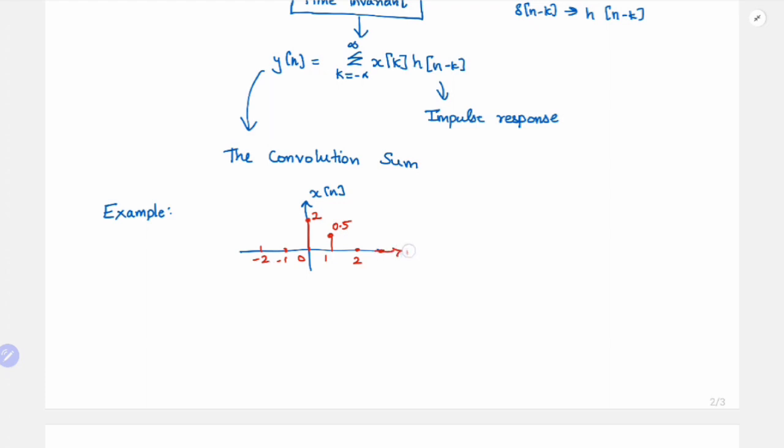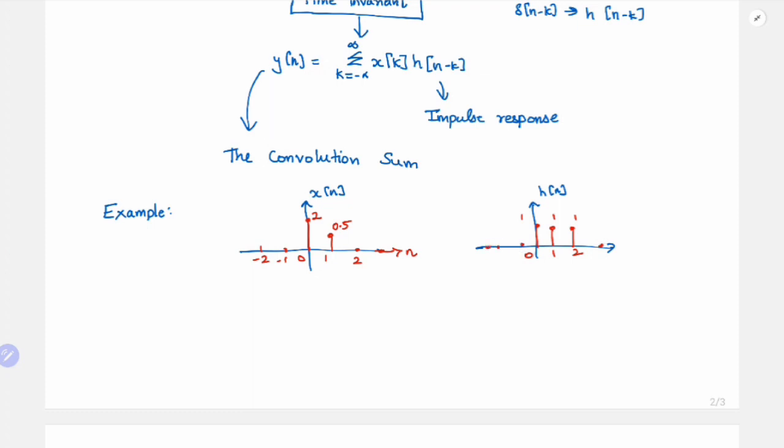Okay. And let us take our h of n to be 1, 1, 1 for 0, 1, 2, and everywhere else it is 0.